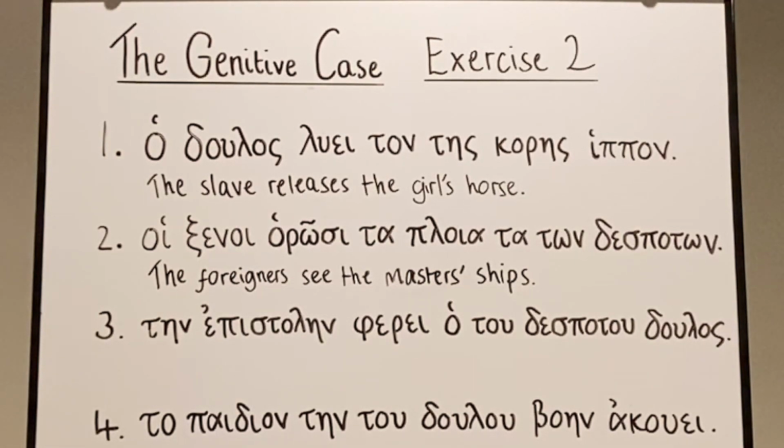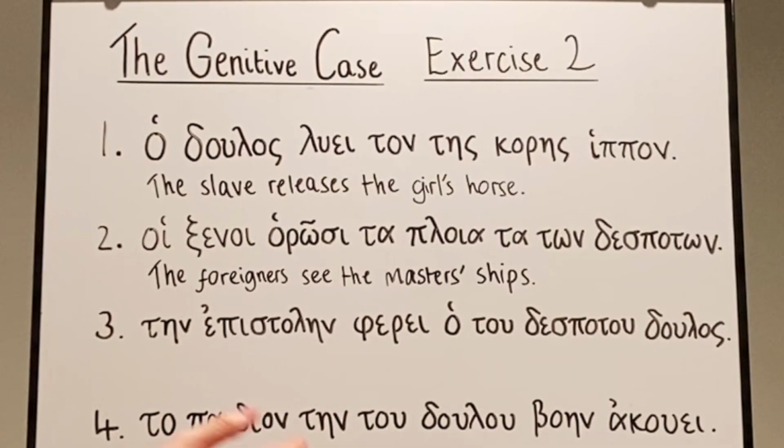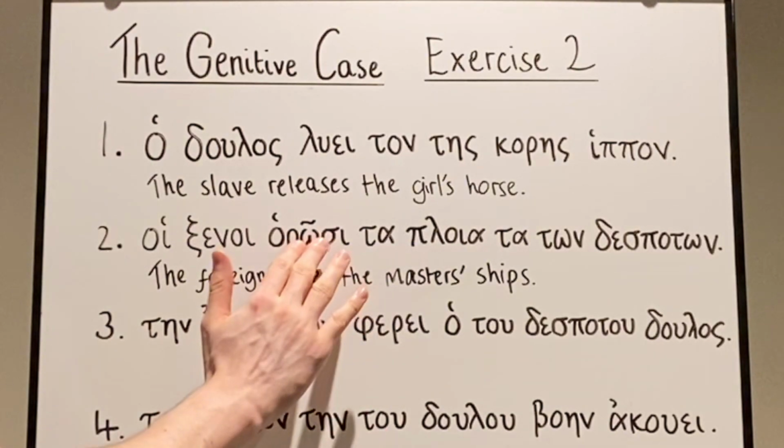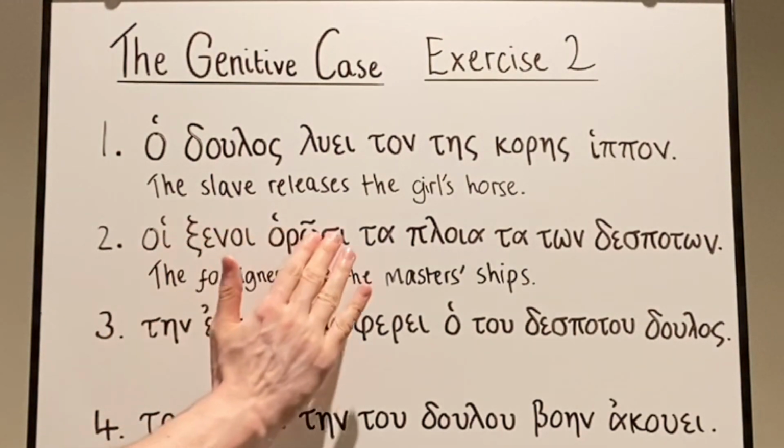We know it meant that because we had the foreigners as the subject, as indicated by the masculine nominative plural definite article. And then we had horosi, which is the verb to see in the present indicative active third person plural. So the foreigners see.